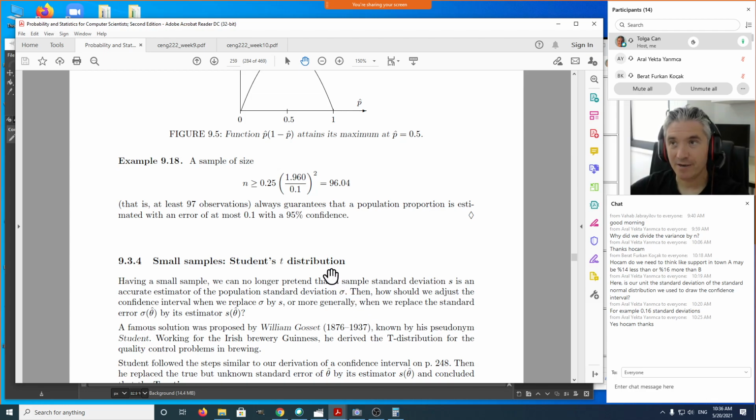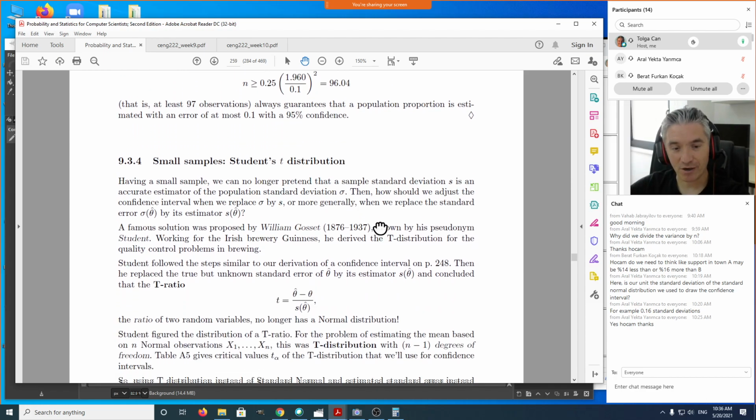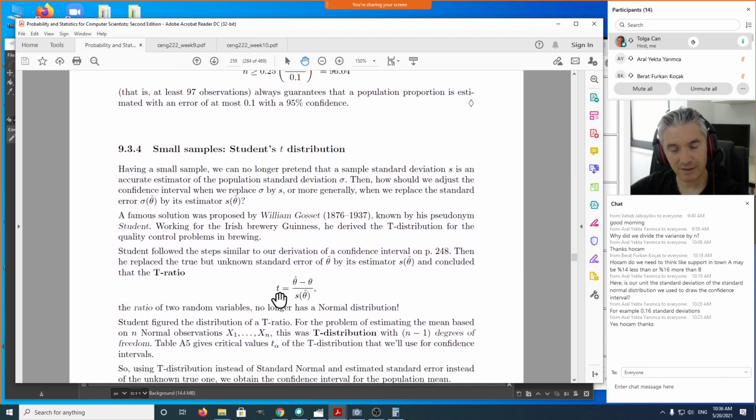This is the case where we have individual random variables. We know that they're normally distributed, but we don't know their standard deviation, or we don't know their mean. And when we're trying to estimate our mean, look at the standardized variable: theta hat minus theta divided by the standard error.